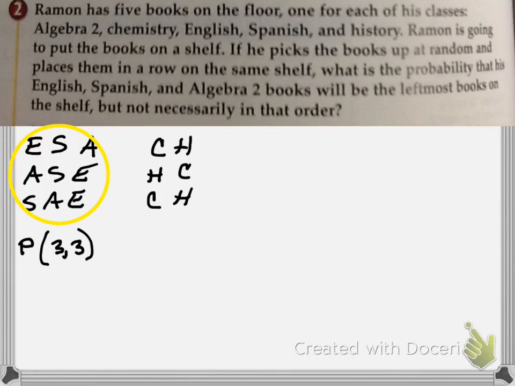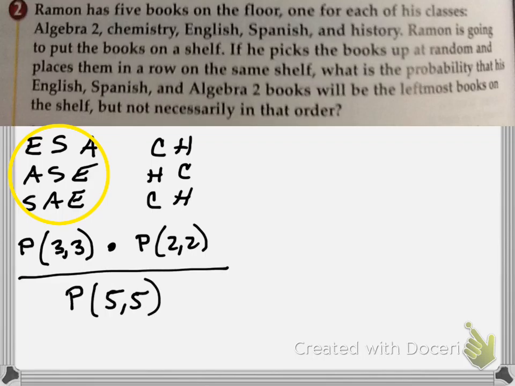In terms of a permutation, though, it's 2P2. But the answer is 2. Over the totality of what you're doing, which is you're putting 5 books on a shelf. You have 5, and you're putting all 5 on the shelf.